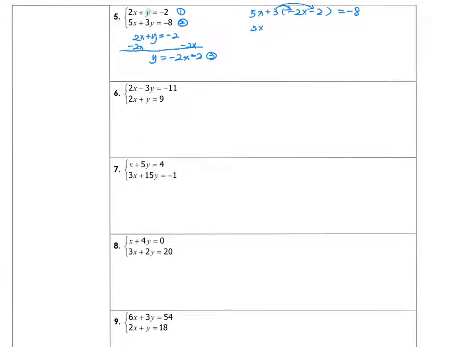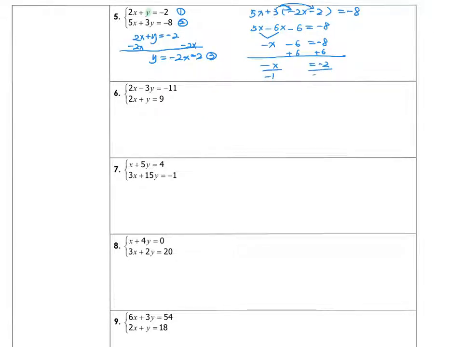3 times negative 2x is negative 6x. 3 times negative 2 is negative 6 again. So if I combine like terms here, I would have negative x minus 6 equals negative 6. And if I add 6 on both sides, I have negative x equals negative 2.